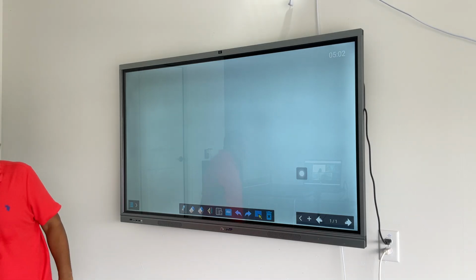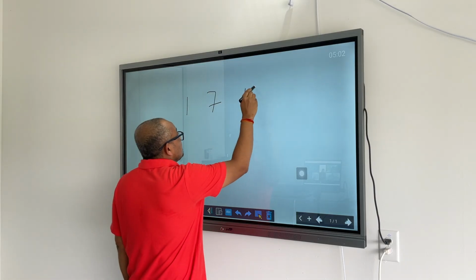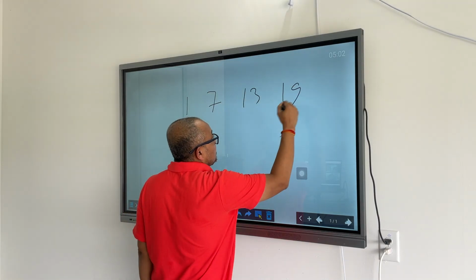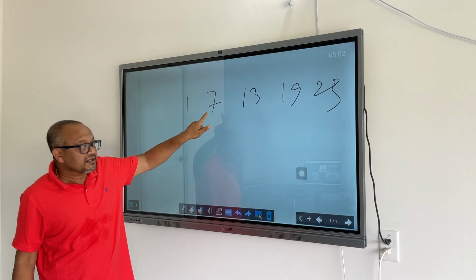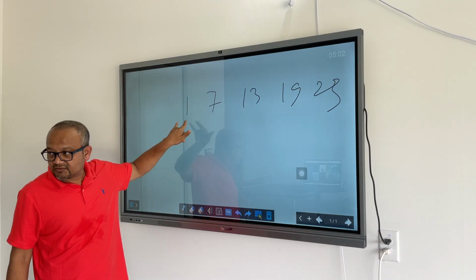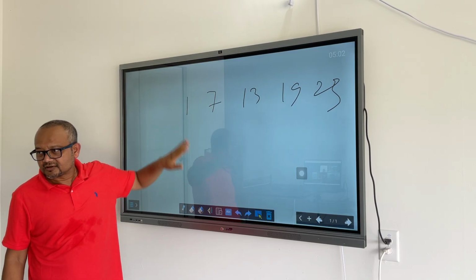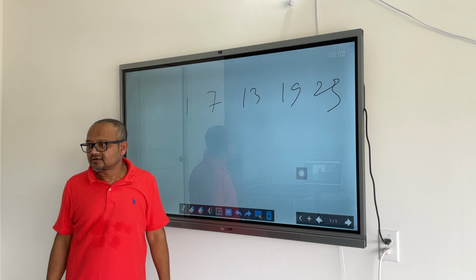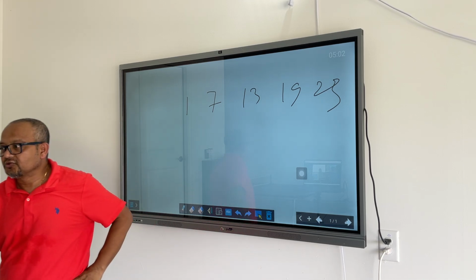So if the pattern is like this, 1, 7, 13, 19, 25, every next number is derived by adding 6 to the previous number. Because every pattern should have a relationship between two consecutive numbers.